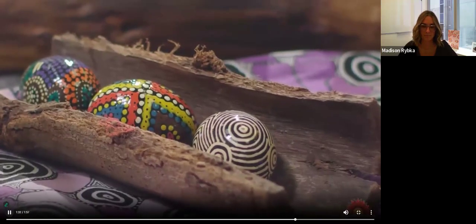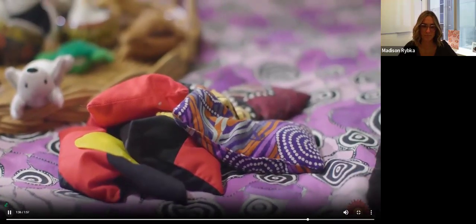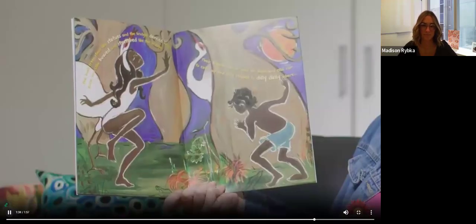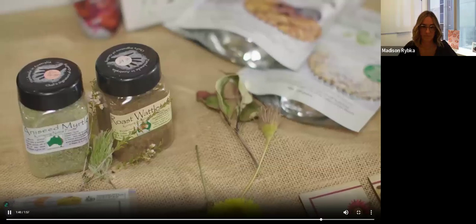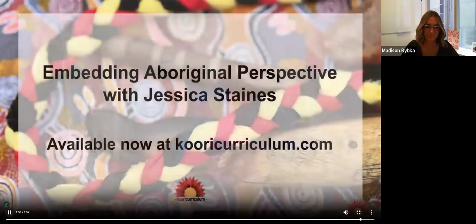In time, I grew my program and my pedagogy and practice to be more holistic and strike that balance between including traditional, contemporary, urban, regional and local perspectives. It is to strike that balance and to make sure it's play-based across all age groups and not only during significant dates and events.